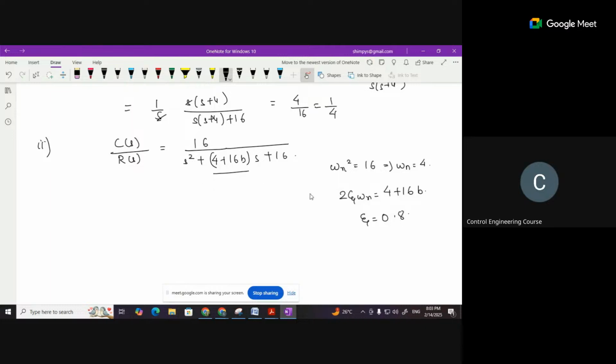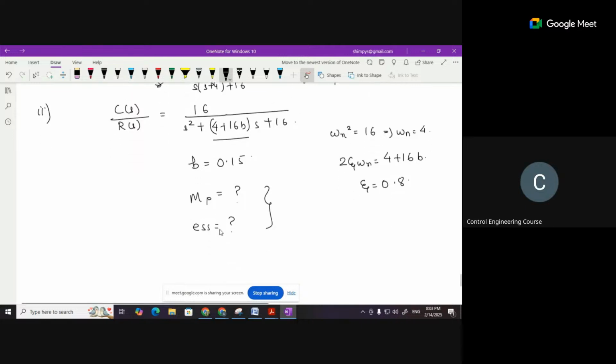Substitute it here and get the value of B. I'm telling you, B you will get as 0.15. Get the value of maximum overshoot, and also find out the value of steady state error. You have to do it yourself.